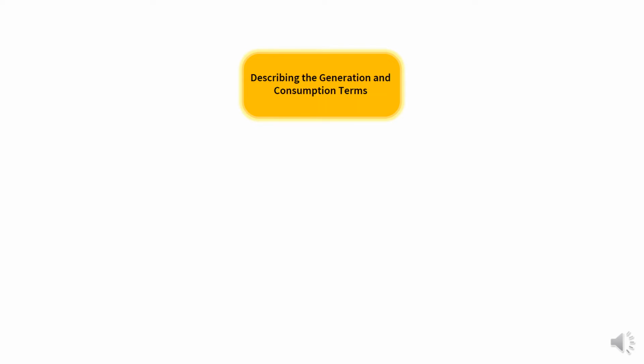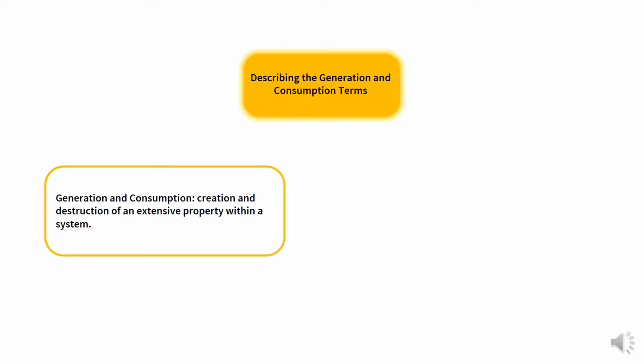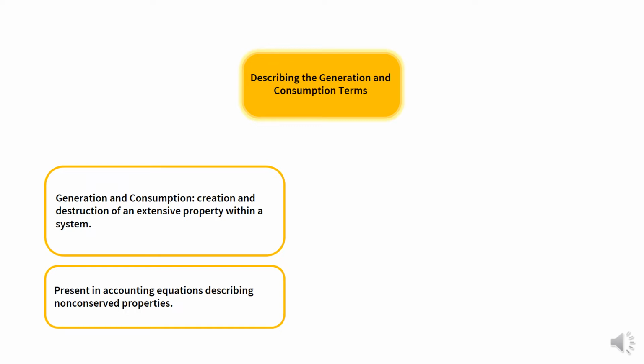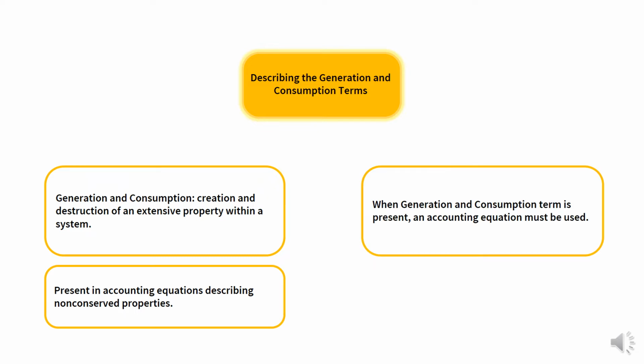Describing the generation and consumption terms. Generation and consumption terms describe the creation and destruction of an extensive property within a system. These terms are present in accounting equations describing non-conserved properties. When an extensive property is generated or consumed in a system, the surroundings do not lose or gain.